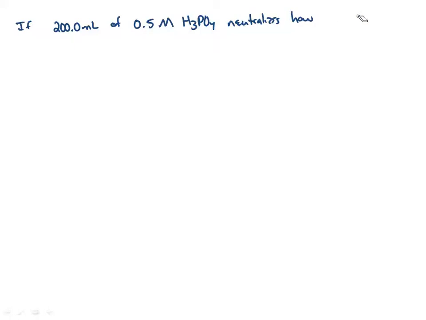Or maybe we should say how many milliliters, because we want to make the question in liters, of, let's pick weird numbers, 2.5 molar sodium hydroxide. And let's make this up here 0.50 molar, so we have one more sig fig.